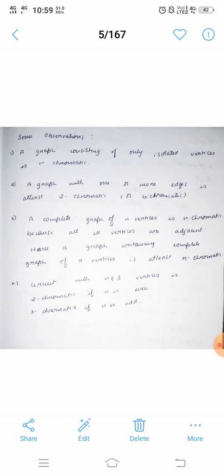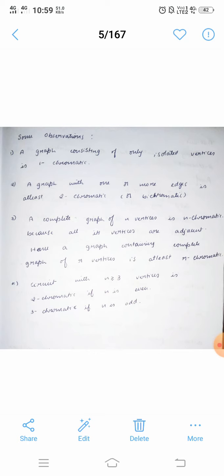We'll continue. We'll see some of the observations related to the properly colored graph and related to the chromatic numbers. A graph consisting of only isolated vertices. What is an isolated vertex? Isolated vertex means there is no edge incident on that vertex.